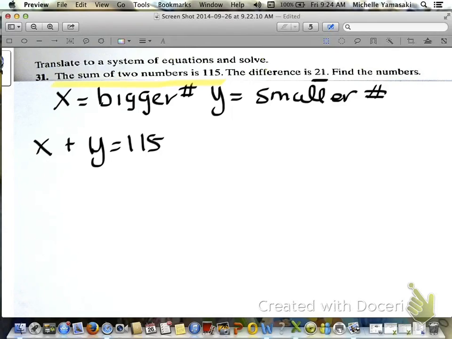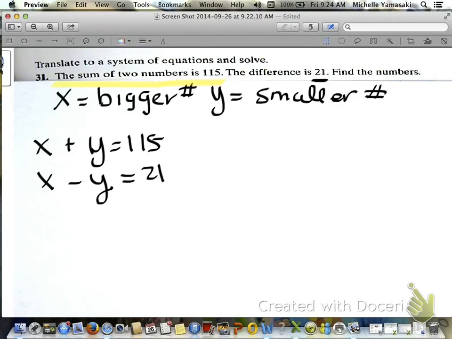Because this is positive, which number goes first? The bigger number, which would be X minus Y, just like he said, equals 21. Do you understand why I differentiated between bigger and smaller?